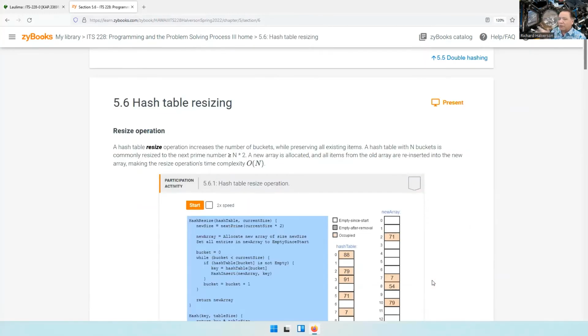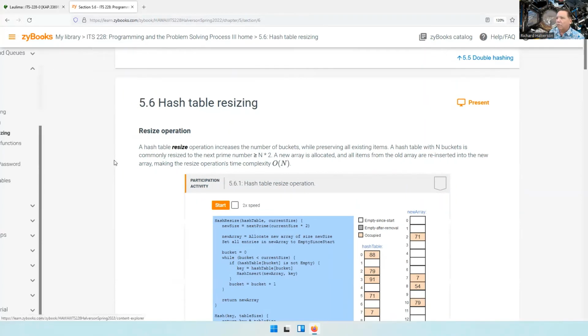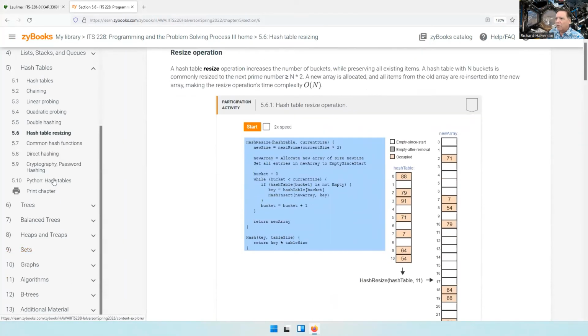All right, hash table resizing. You should study this section, because I'm going to have you write a Python program to do hash table resizing for one of the hash table probing methods in the set of these algorithms that you're going to implement in Python.